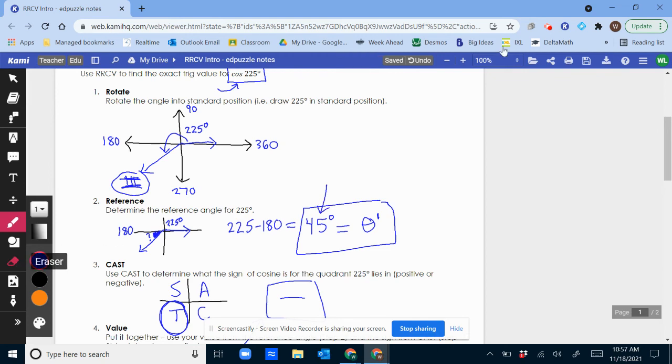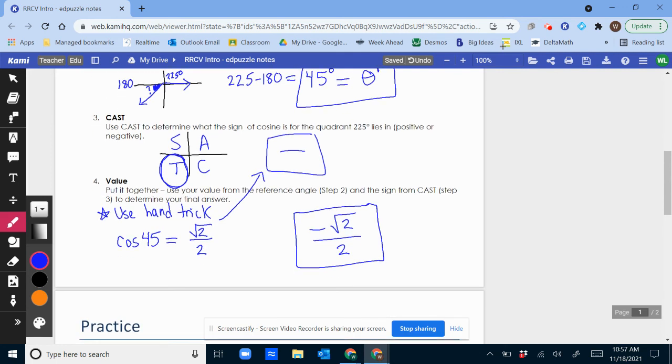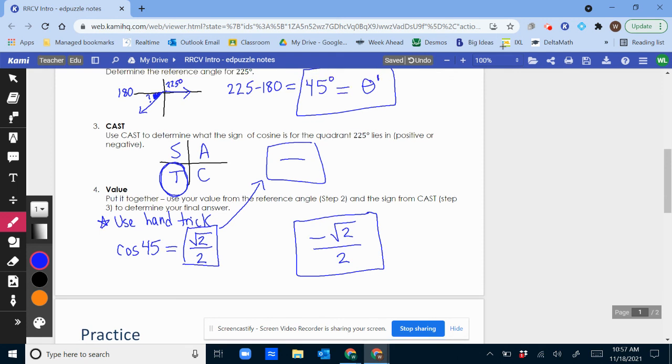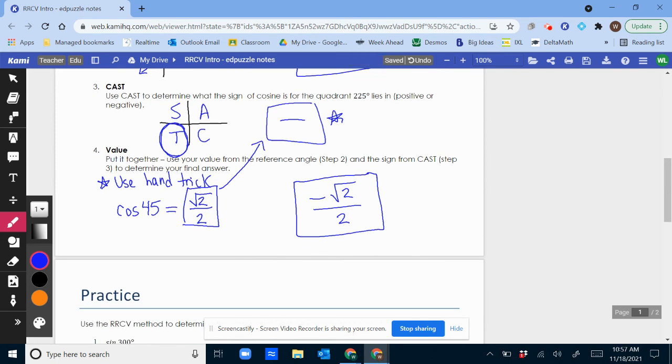The reason that you determine the reference angle is because later when you do the value, since 225 has a reference angle of 45, that means cos 45 has the same value as cos 225. The only difference is it might be negative, which in this case it is, which we figured out from cast. Since it's in quadrant 3, cosine is negative, so the overall value of your answer has to be negative.